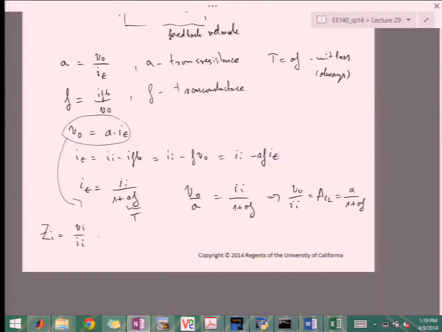VI is IE times small z naught over II. And we already have that ratio over here.